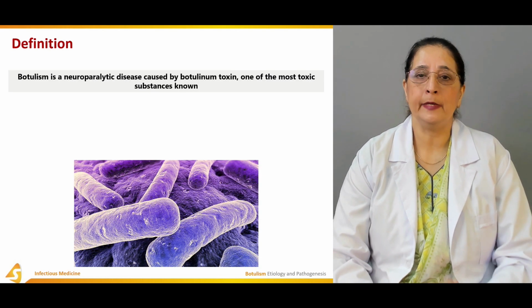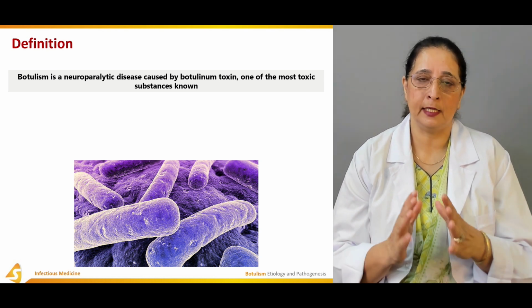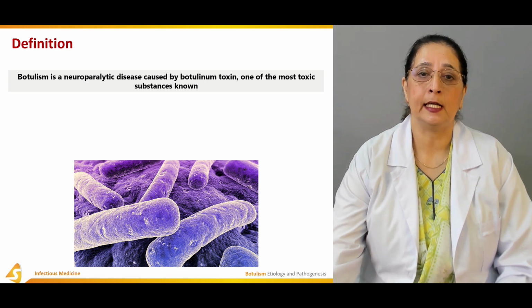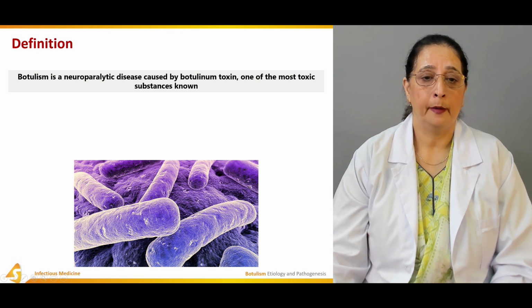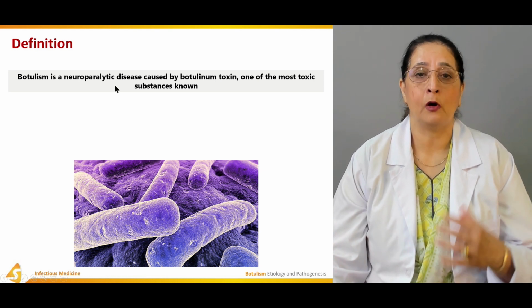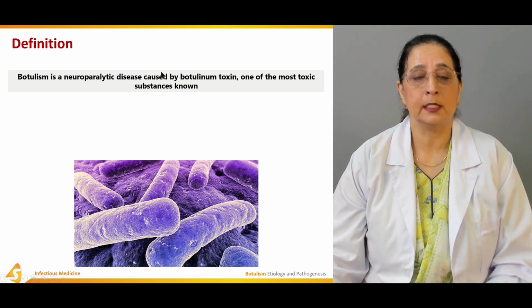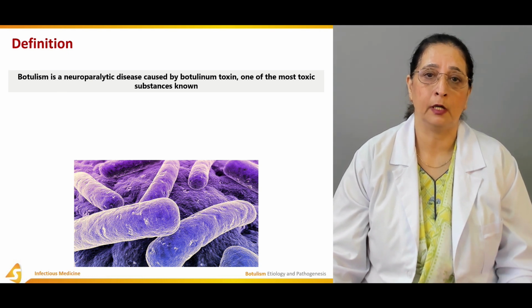So botulism is a neuroparalytic disease. That tells us it's a serious condition, because neuroparalytic means paralysis of the nerves, and it causes serious manifestations. Later on we will talk about them.